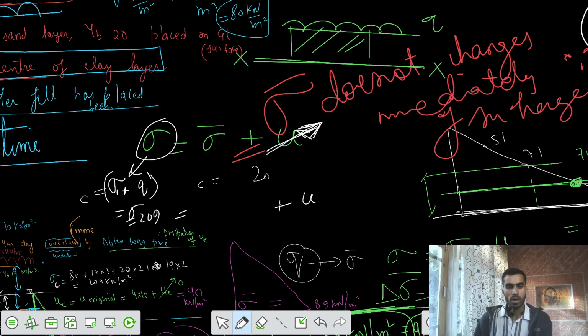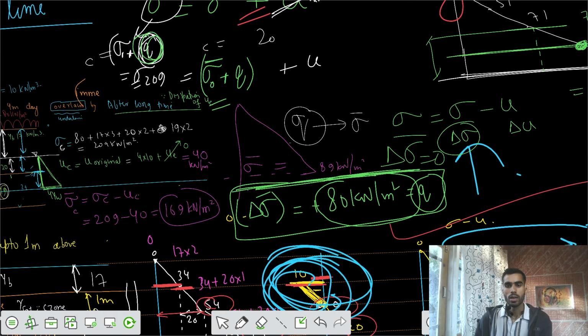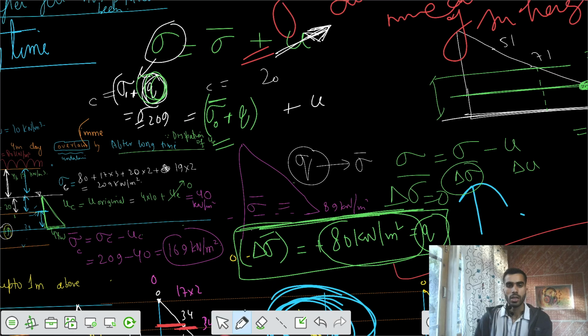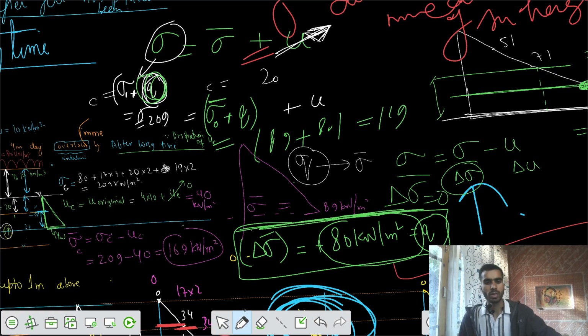That means the extra part of Q has to be taken by the soil solids. Initially the effective stress was sigma naught, the original value, so it has to be increased by the value of Q. Its final value is 169. Initially it was 89, we had to add 80 such that it becomes 169. That was all about that problem.